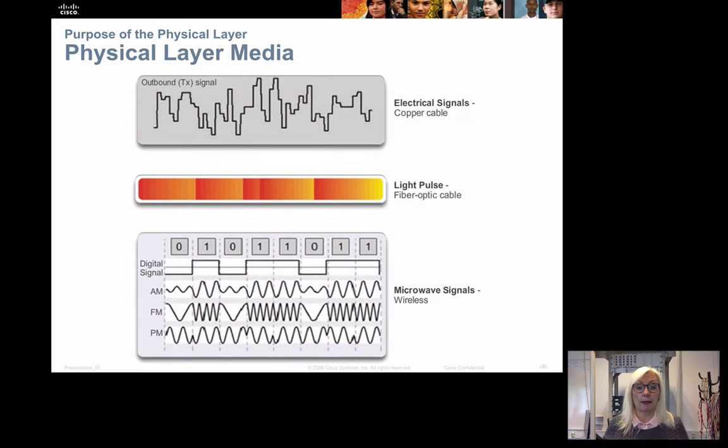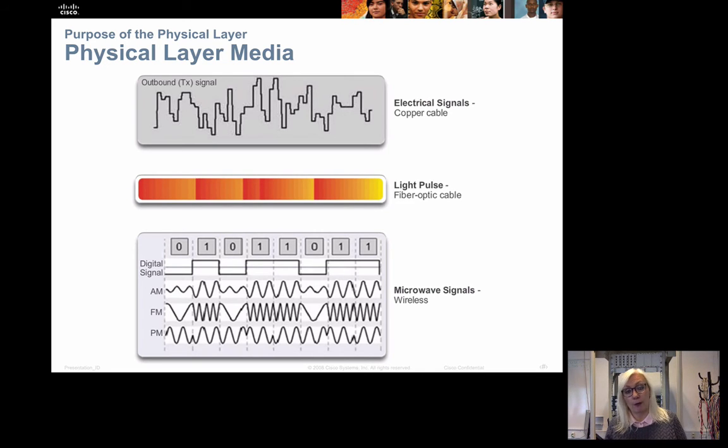When we are using copper cable, we are sending the information out as electrical signals. Typically it's a high voltage or a low voltage, which is a 0 and a 1. It could also be that going from high to low or from low to high is how we encode a 0 and a 1.